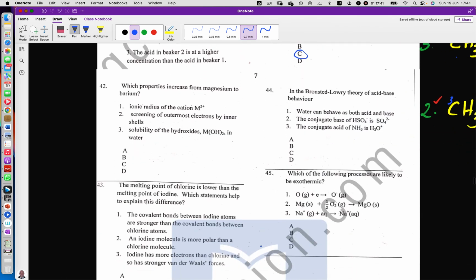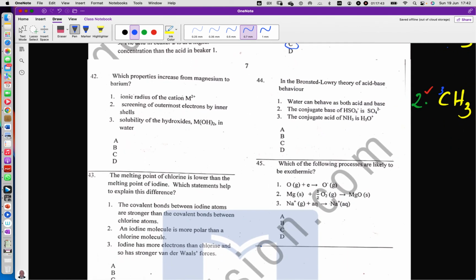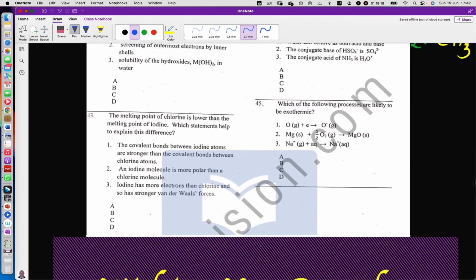Question number 42 is: which property increased from magnesium to barium?